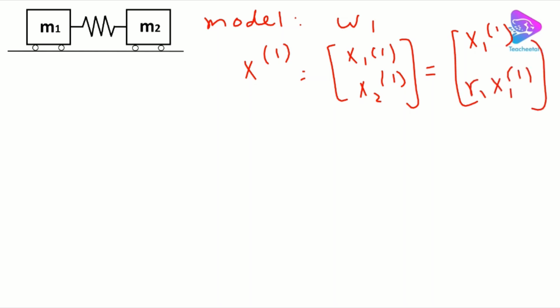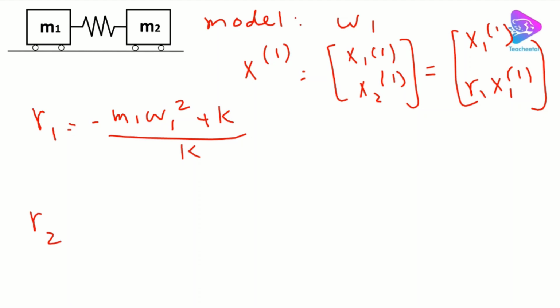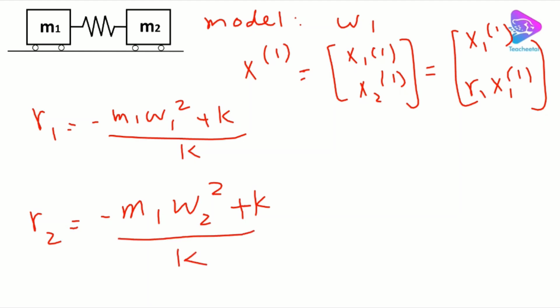So we found r1 equal to (minus m1 omega 1 squared plus k) divided by k. With the same procedure, we could find r2, right? And what is r2? I'll show that. For r2, we have (minus m1 omega 2 squared plus k) divided by k, right? Same thing applied here. We just use omega 2.